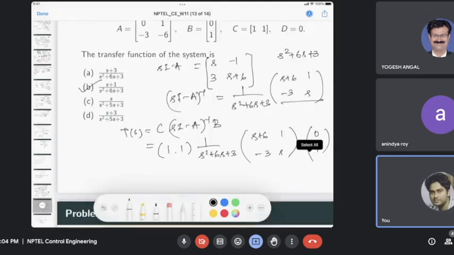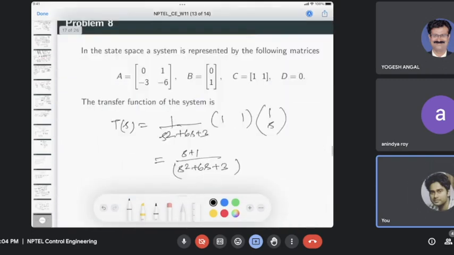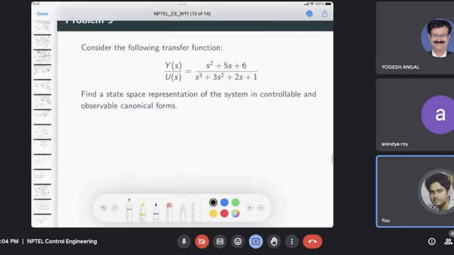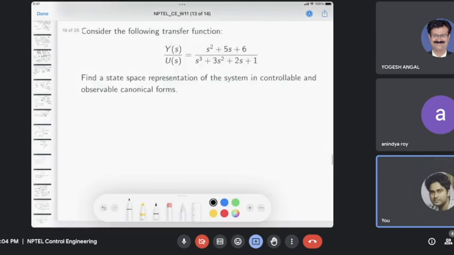Okay, simple. So then we have a transfer function, and we want to find the controllable and observable canonical form. I'll just skip this approach because you can write it directly also. For the controllable form, we'll write it like this: you can write X1(s) by U(s), Y(s) by some X1(s).